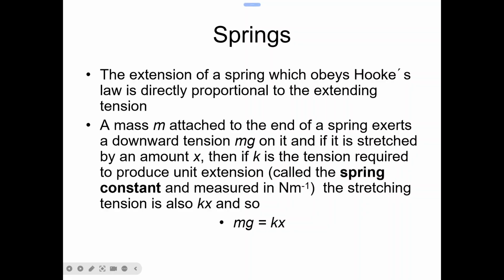And we know that this hook weight is not falling because the spring provides an upward force to balance its weight. Thus, in this equation, mg is the weight of the object, and kx is the force provided by the spring. Make sense?